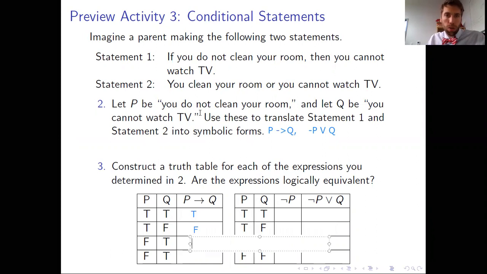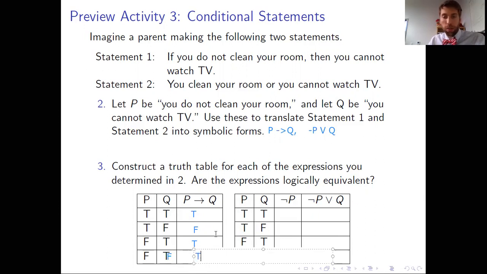If you do clean your room and you can't watch TV, the statement's true. Oh, I have a typo here. This is supposed to be false right there. And if it's false, false, so you do clean your room and you do get to watch TV, then the statement is also true.